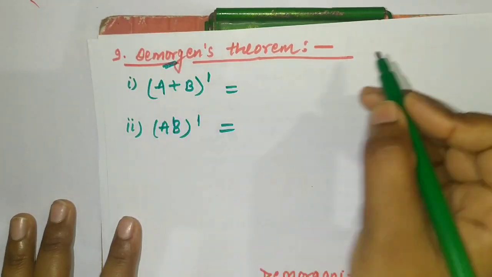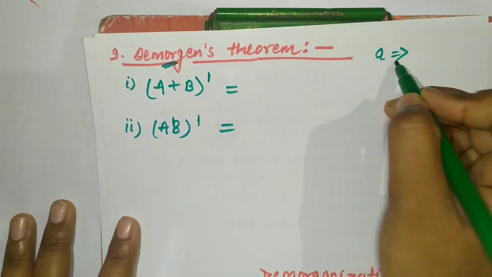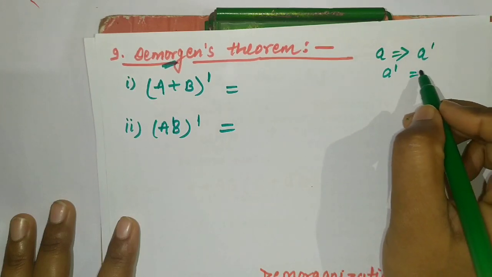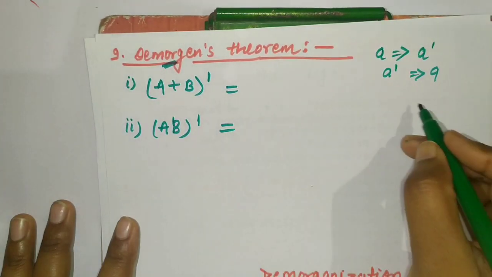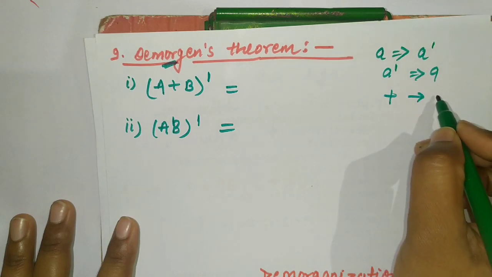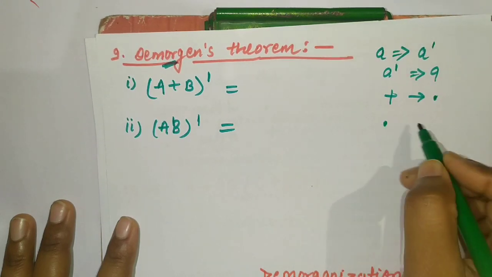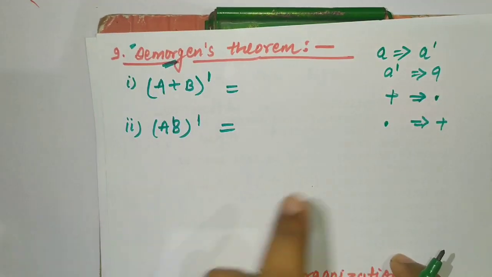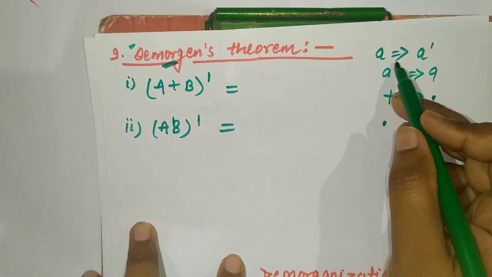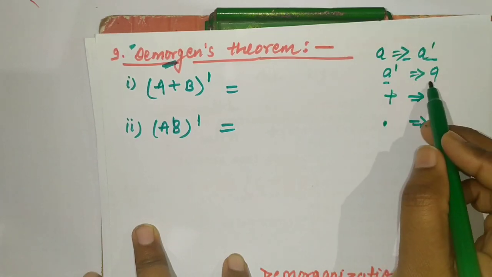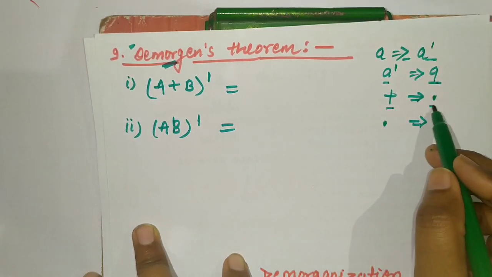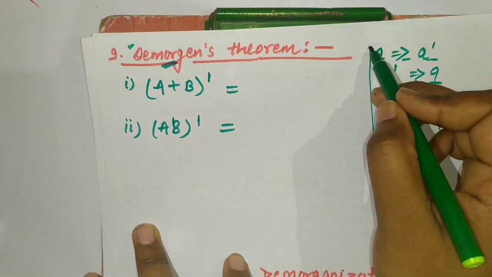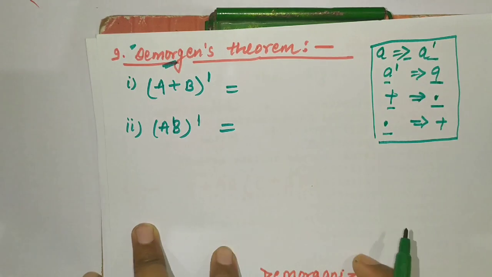If the variable is A, change it to A dash, and if the variable is A dash, change it to A. Also the plus sign changes to the into sign, and the into sign changes to the plus sign. This is the most important rule of De Morgan's theorem.